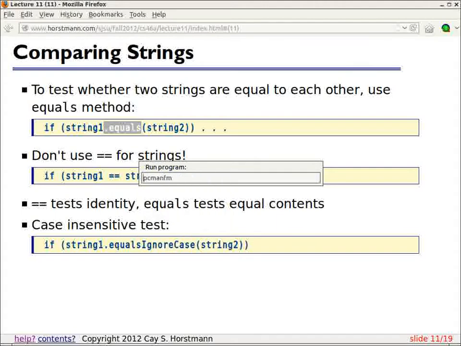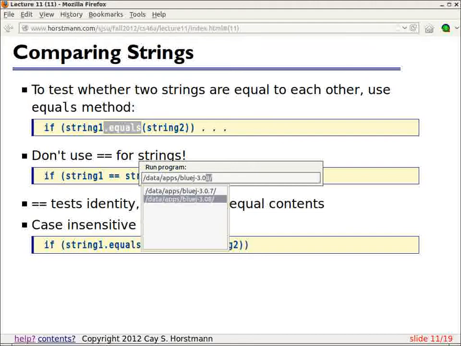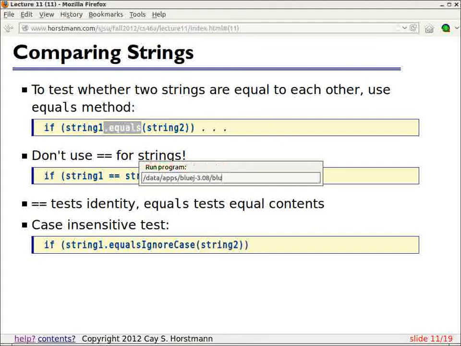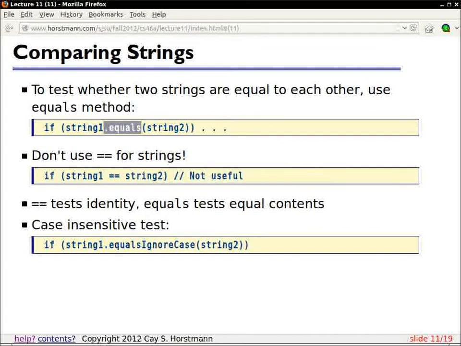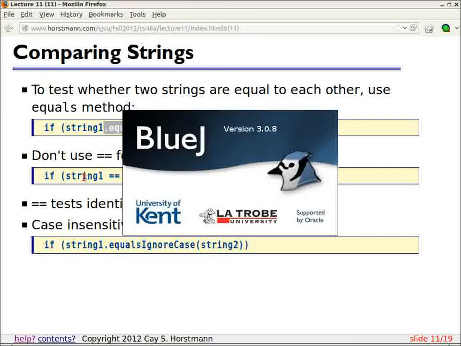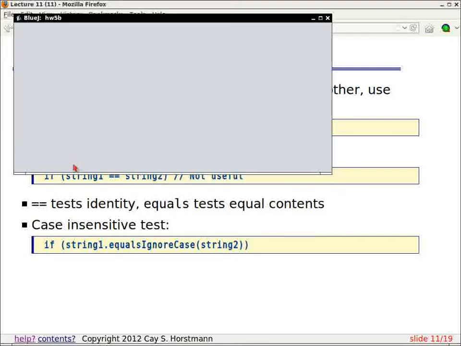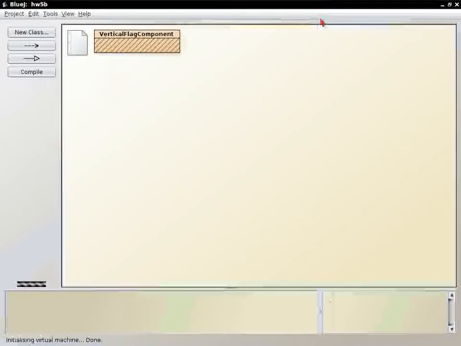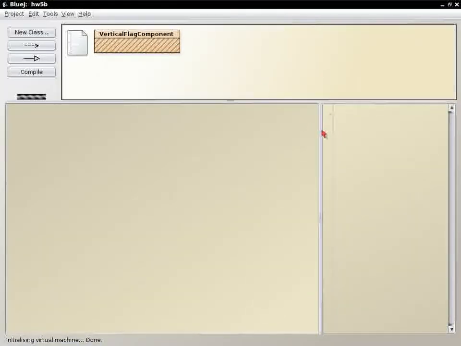My hands on. BlueJ. There we go. BlueJ. Yeah, so I met the BlueJ people at that conference, and I told them we only have one wish, and that is that they should make this thing here bigger.